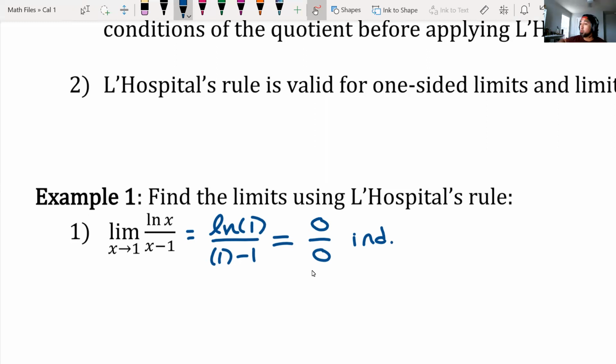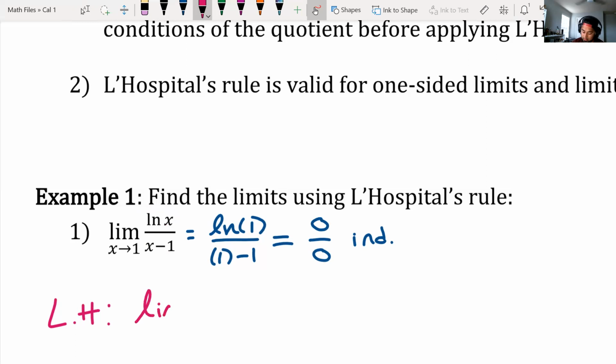So we have to fix this limit. We want to find the limit. So what I like to say is we take them to the hospital. So we use L'Hopital's rule. And now what we're going to do is take the derivative of the numerator and take the derivative of the denominator separately. No quotient rule here.